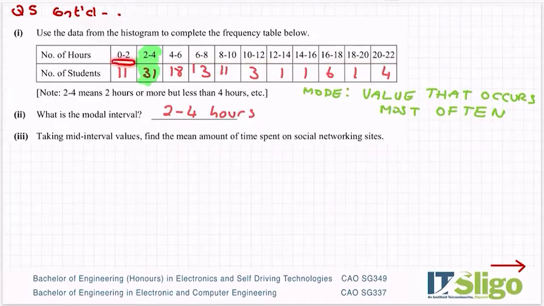So the mid-interval value, what is the middle way between 0 and 2? It's 1. Between 2 and 4 is 3. So I'm literally getting halfway between these numbers. So I'm averaging. I could work it out, 4 plus 6 over 2 and we get 5. Halfway between 6 and 8 is 7.